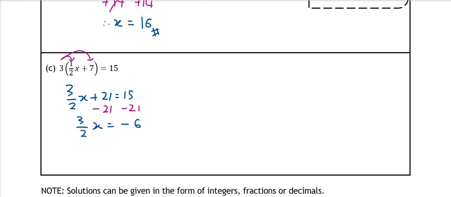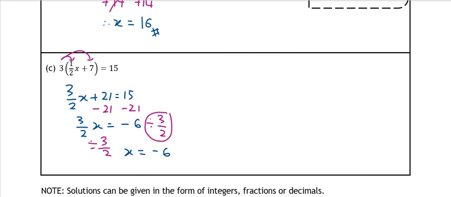So when you have this, 3 over 2 x equals negative 6. Since in between is multiplication, you have to divide both sides by 3 over 2, right? So this one is cancelled. Here you will have x equals negative 6 divided by 3 over 2.